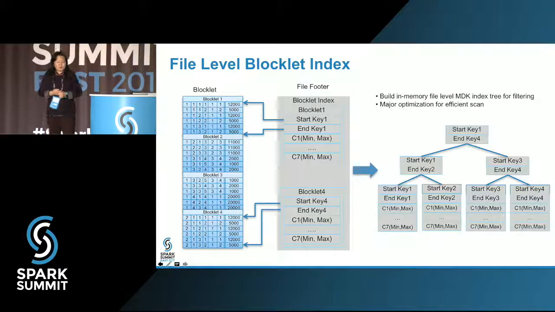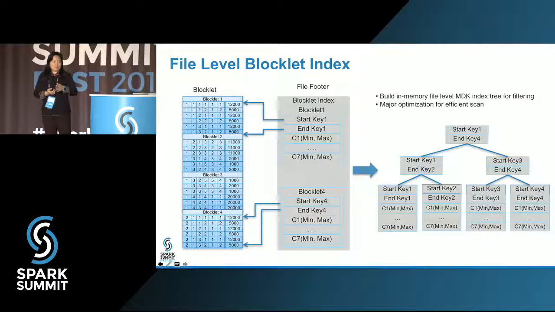If we take a closer look at our file level blocklet index, remember at the file footer, we store the file level blocklet index. The block index contains a blocklet index node for each blocklet stored in the file. Each block index node contains the start and end key of the MDK index and also the min-max value of each column.